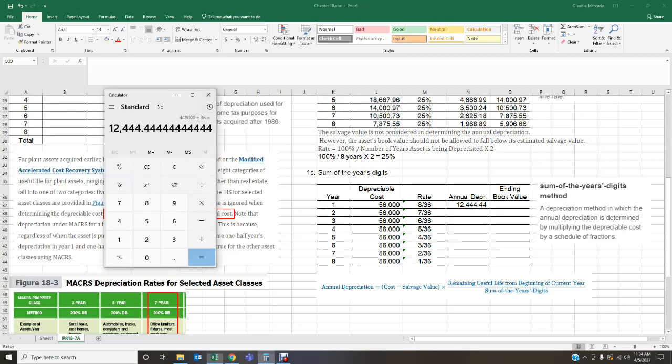So what did I do? I got my depreciable cost times my rate, 8 over 36, 12,444.44. Once you've got that, you're going to get your depreciable cost of 56,000 minus your annual depreciation of 12,444.44.